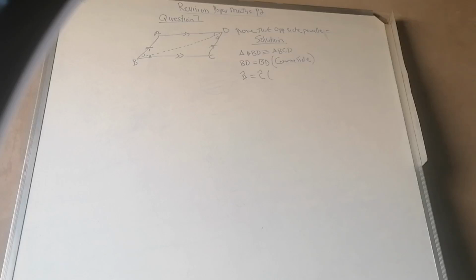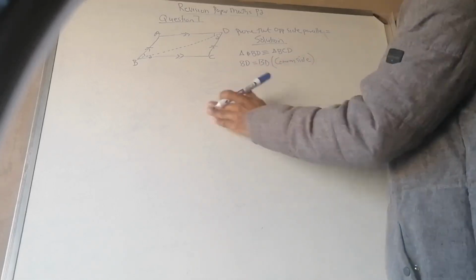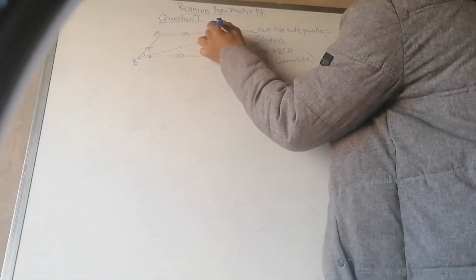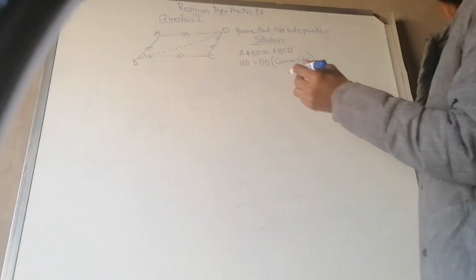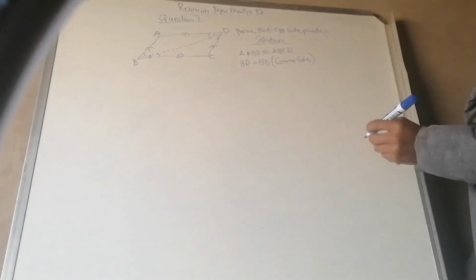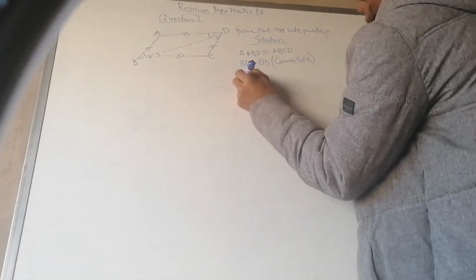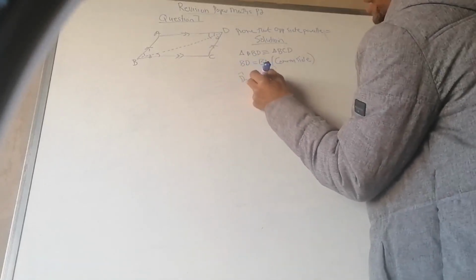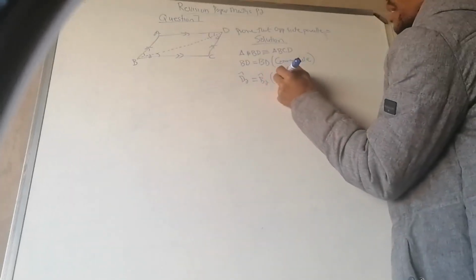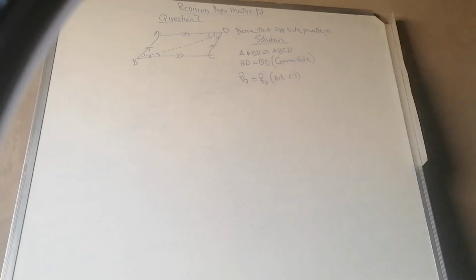Can I even say that? In fact, let me not say this. There is a Z shape, and I have angle D2 and angle B2. So I can say angle D2 equals angle B2. Reason being alternating angles.